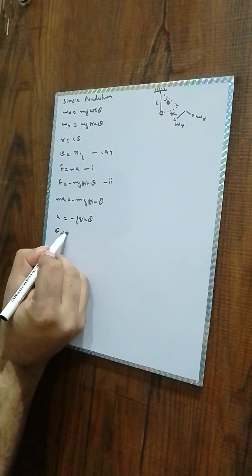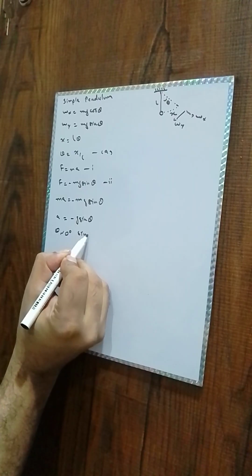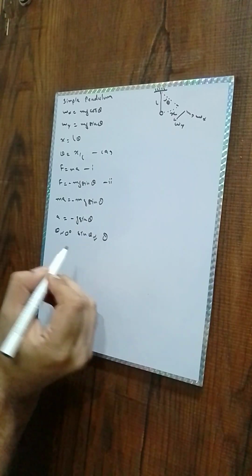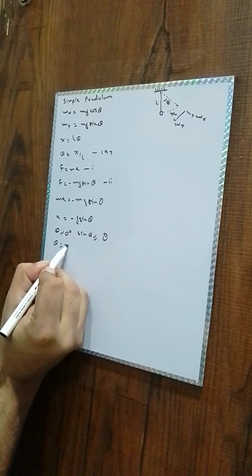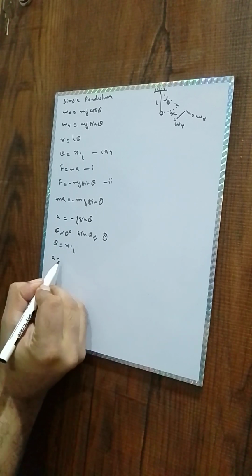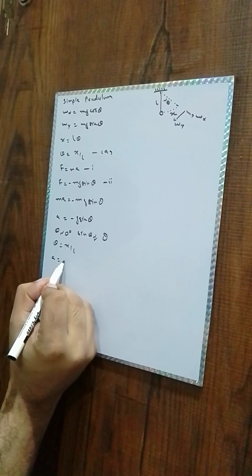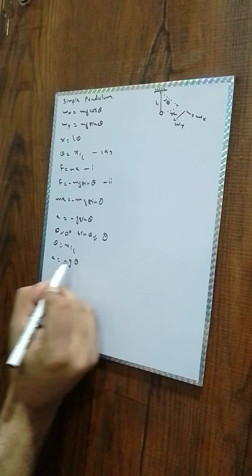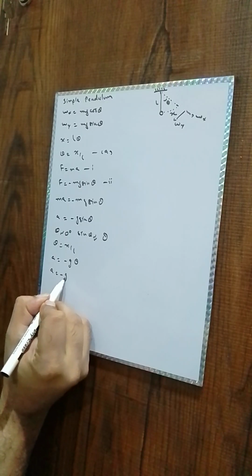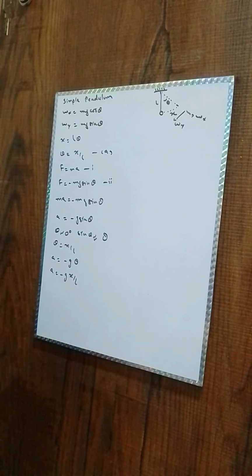There are approximations now because the angle is very close to 0 degrees, so sin theta can be approximated to theta, and also a substitution which says that theta is equal to x by L. So a is equal to minus g theta, and then a is equal to minus g x by L.